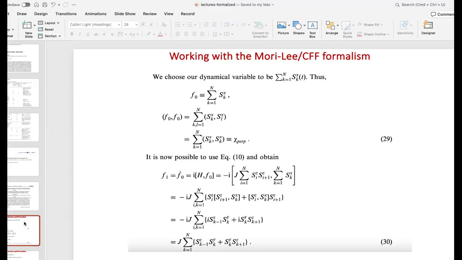It's also called perpendicular dynamics. Anyway, so now you can immediately calculate the scalar product of F0. And this quantity, it is pretty obvious that it's a weird quantity for an Ising model because the Ising model only has ZZ spins, right?